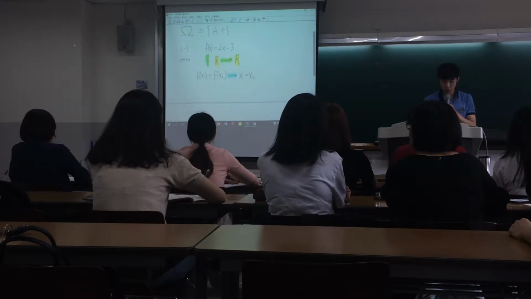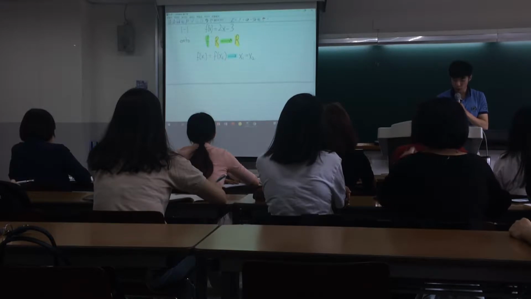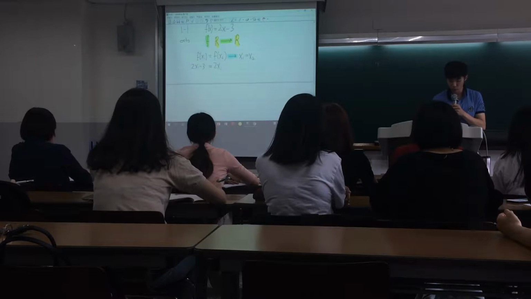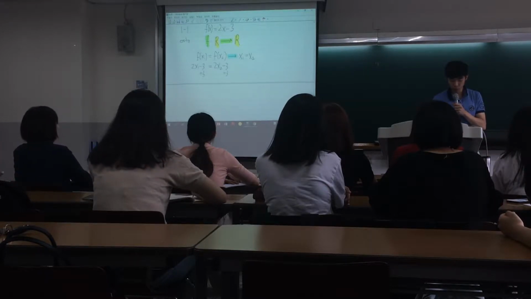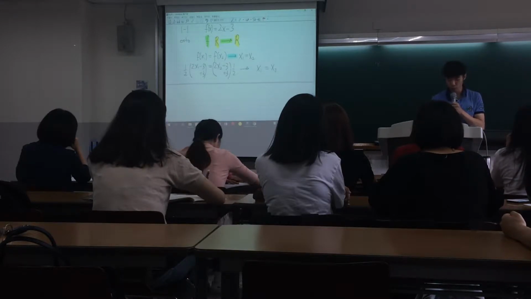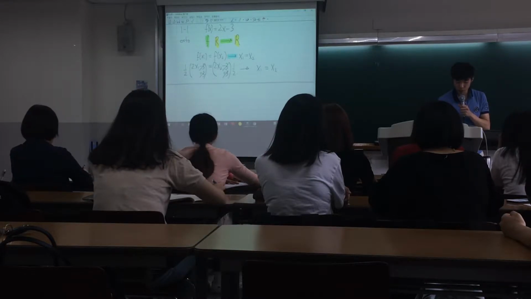Let's see if our function implies that. Plug in x1 and x2 into our function, and I get 2x1 minus 3 equal to 2x2 minus 3. Now it's very simple. I add 3, I divide by 2, and I get x1 equal to x2. The 3 disappears, the 2 disappears.